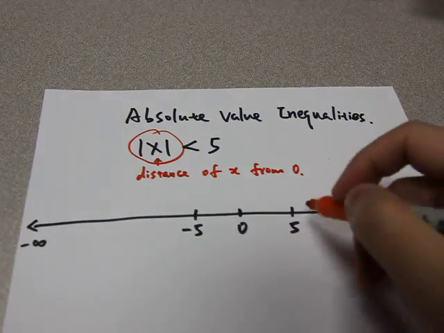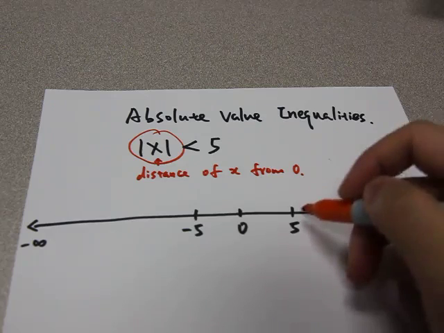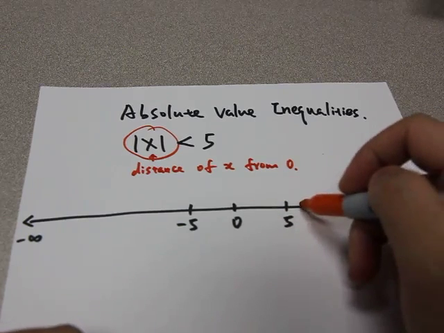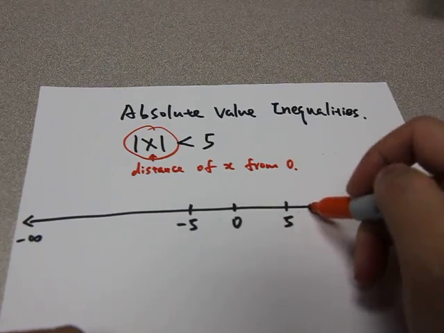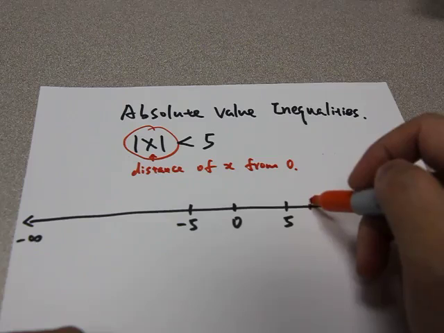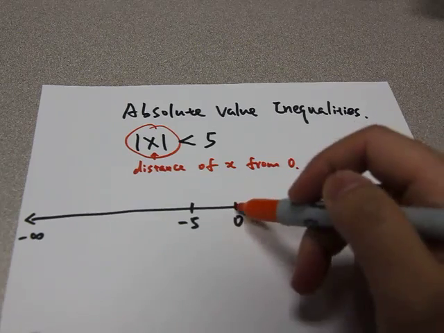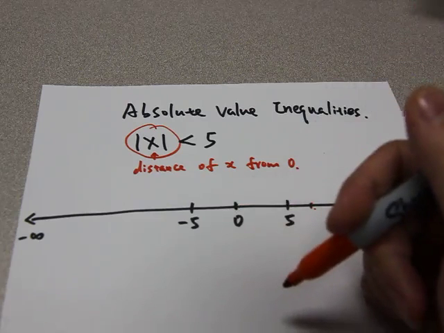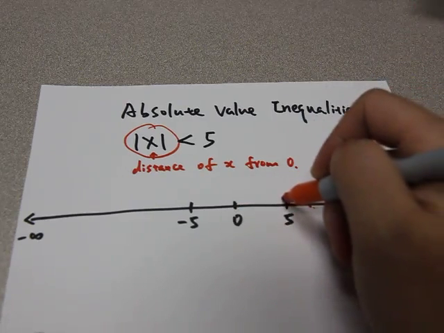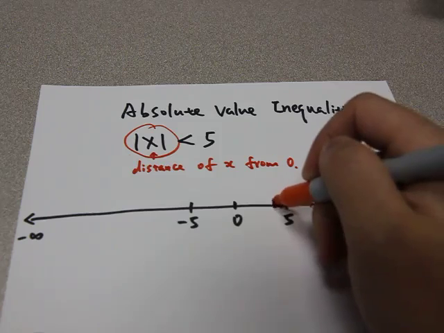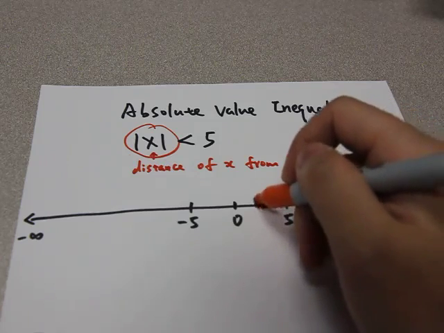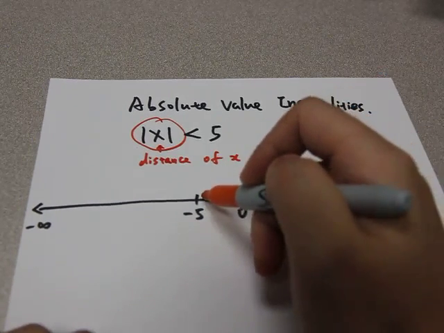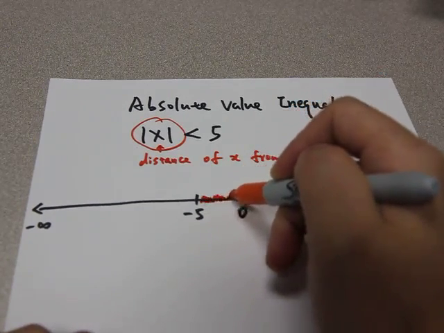Well, x cannot be anywhere greater than 5, right? Because if x is somewhere over here, then the distance from this number to 0 must be greater than 5. So x must be less than 5, and also x must be greater than negative 5, right?